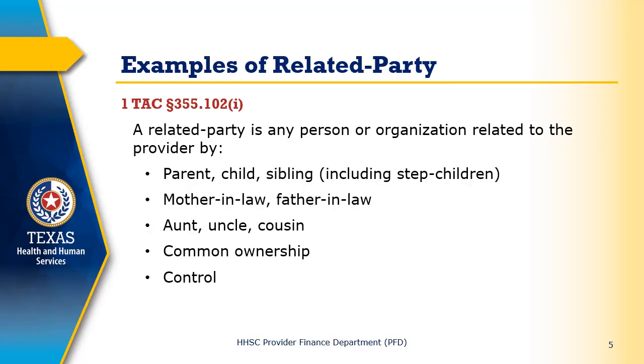Also, any individual or organization that exhibits common ownership or control over the provider may be classified as a related party. Understanding who qualifies as a related party is crucial for maintaining compliance and ensuring transparency in organizational dealings. Please see the cost report instructions and TAC rules for a full list of examples.